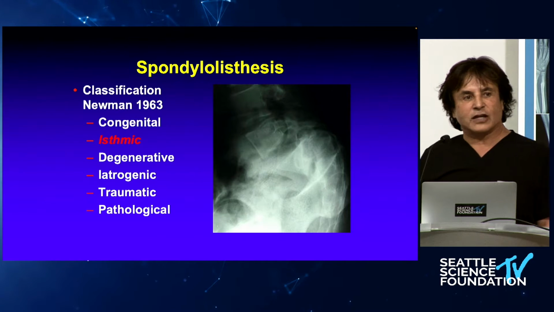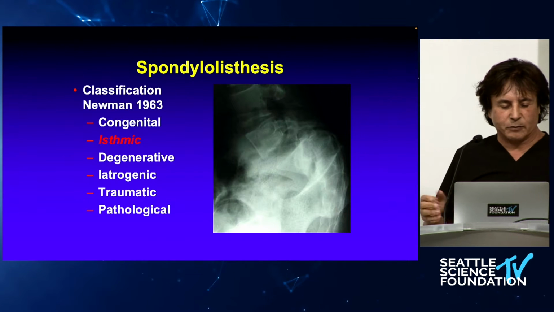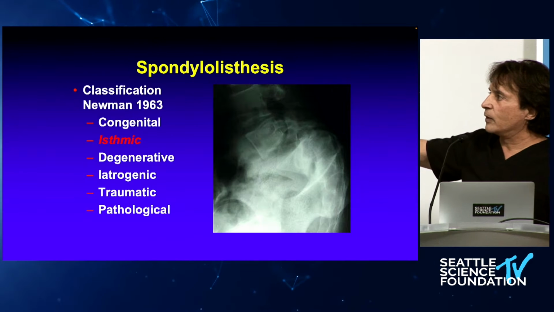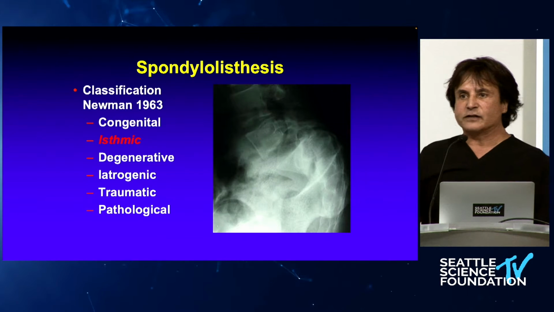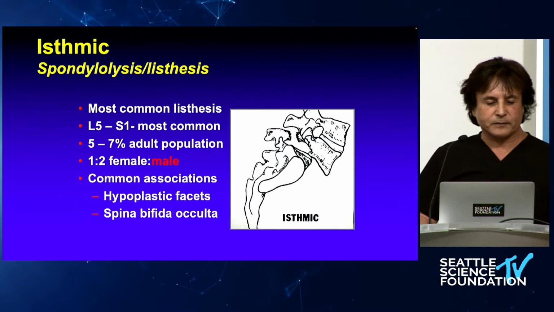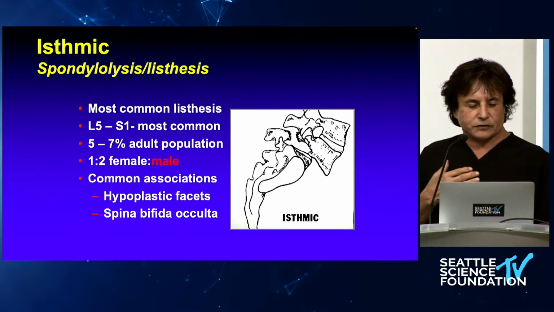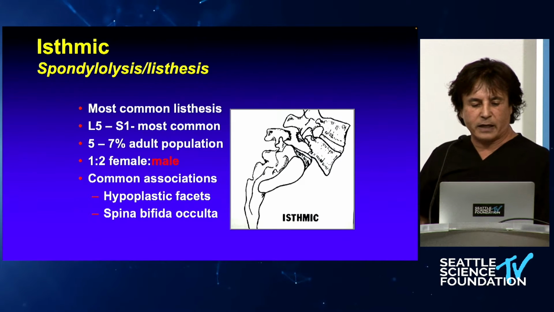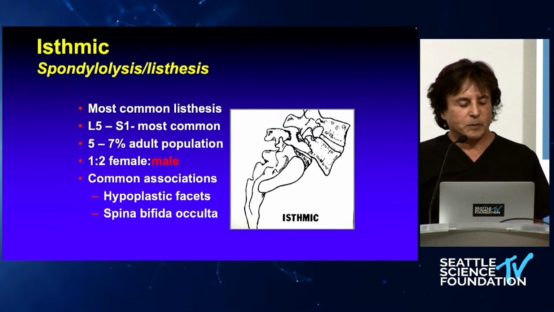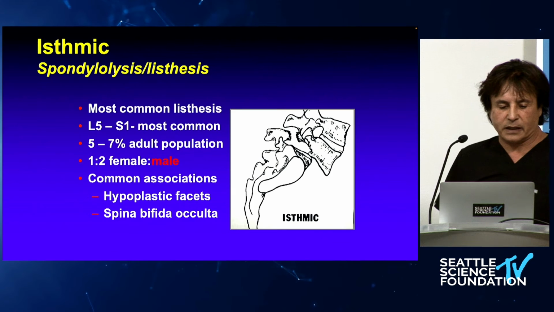The classification descriptively was promoted by Newman in 1963, and isthmic is the one that we commonly see at L5S1 with lysis around the pars interarticularis, right? So they were further described, and again, descriptively by many, and we'll see Meyerding in a moment. But isthmic is the most common listhesis that we'll see in adults.